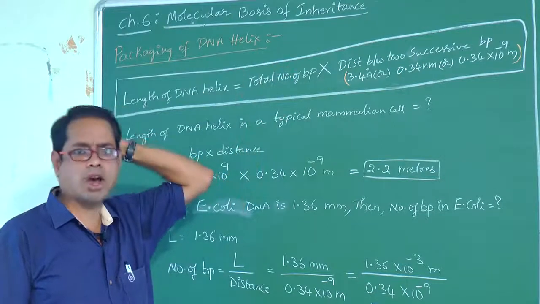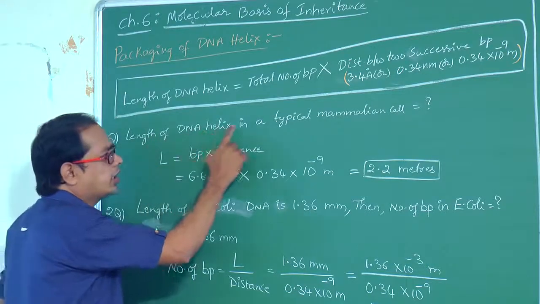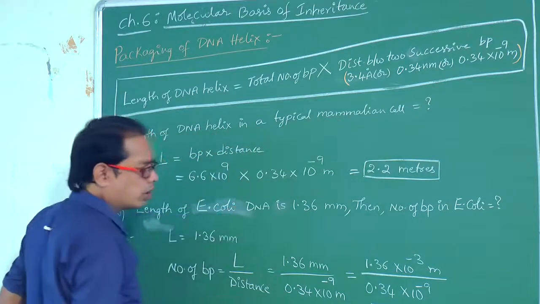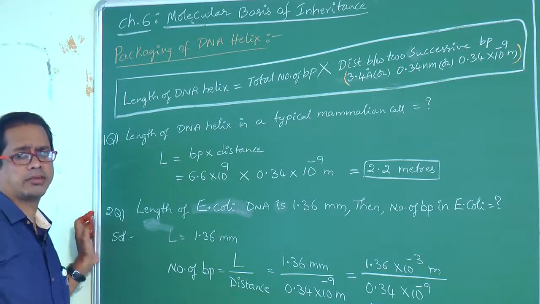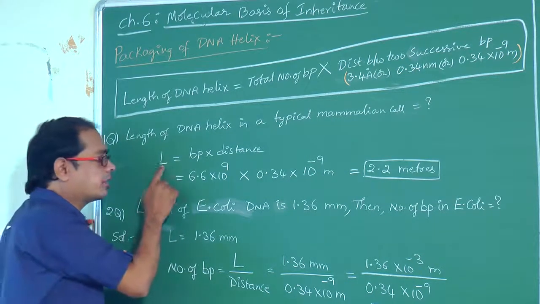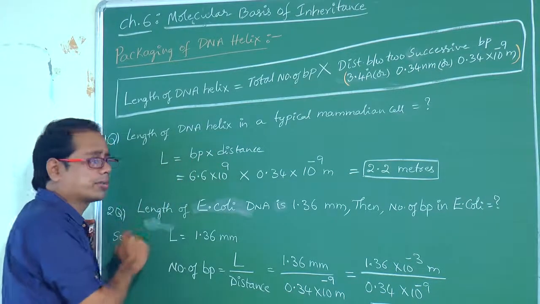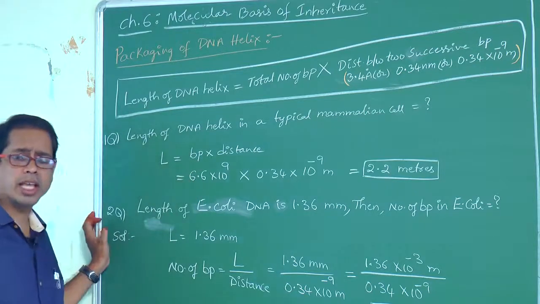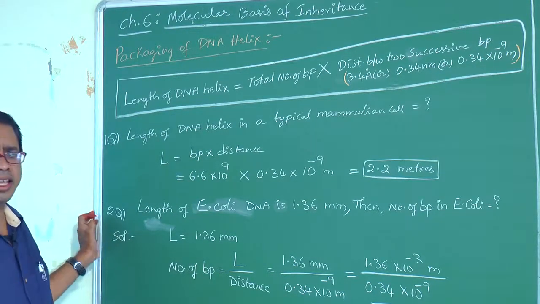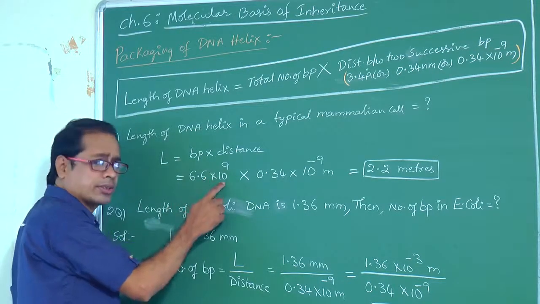This is the formula. Now, what is the length of the DNA helix in a typical mammalian cell? We know that length is equal to the number of base pairs times the distance. The number of base pairs in a typical mammalian cell is 6.6 into 10 power 9 base pairs.